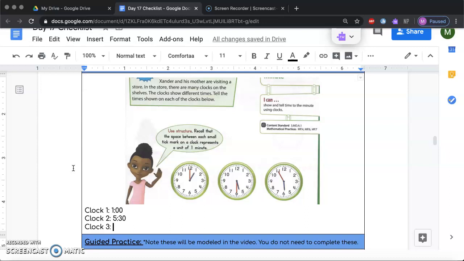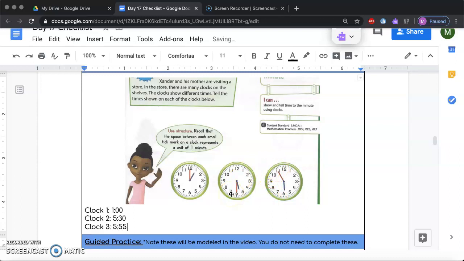My clock 3 is again between 5 and 6, but it's getting pretty close to 6, which tells me pretty soon it will be 6 o'clock, but it's still 5 for the hour. Now I need to count 5, 10, 15, 20, 25, 30, 35, 40, 45, 50, 55.